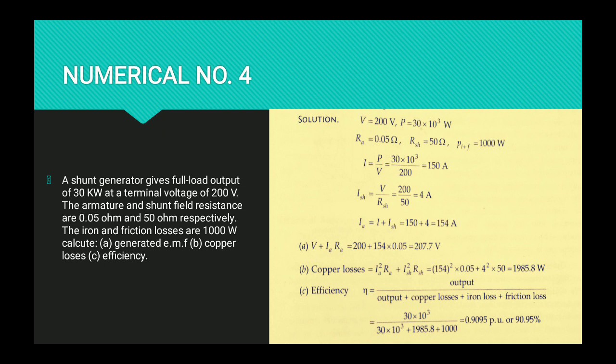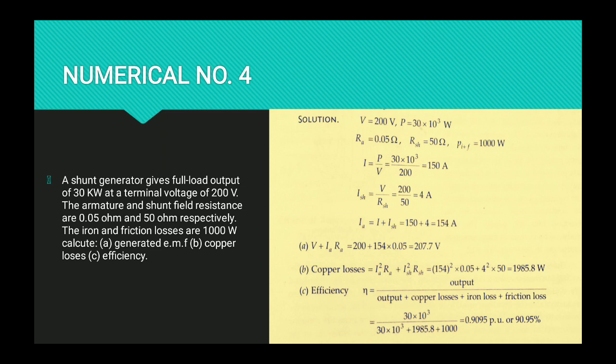The given data are 200 volt, that is terminal voltage, and the full load power output, that is 30 kilowatt, that means 30 into 10 to the power 3 watt. RA or armature resistance, that is 0.05 ohm. RSH, that is 50 ohm, and total loss, that is iron loss plus frictional loss, equals to 1000 watt.